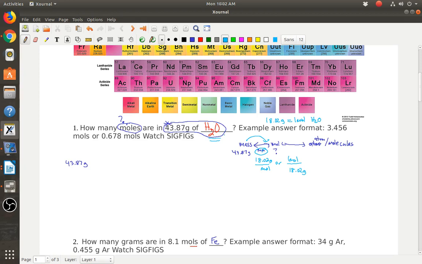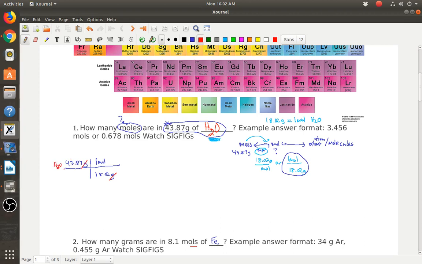So you always have to deal with whatever it is you're talking about in the actual problem. So now I'm going to use my bridge notation, and which one of these two causes the grams to cancel? Well, this one does, because the grams is on the bottom, and the question is asking for moles anyway, so I want to not cancel that. So 18.02 grams on the bottom, and now we cancel our units, and this I should have written water.